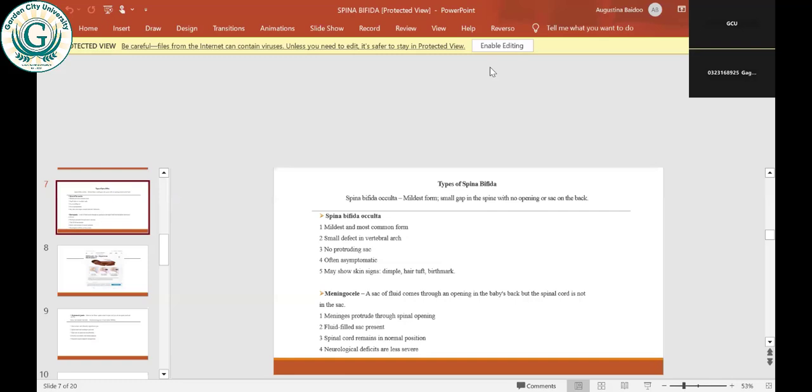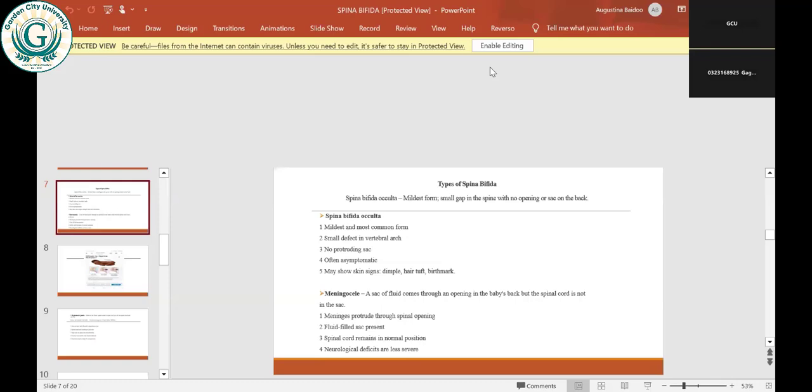So with spina bifida occulta, when you are doing a head-to-toe examination on the baby, you won't see any sac filled with fluid at the back of the baby. It is the mildest and most common form. What you see mostly are the skin signs: a dimple, hair tuft, and a birthmark. So that is about spina bifida occulta.